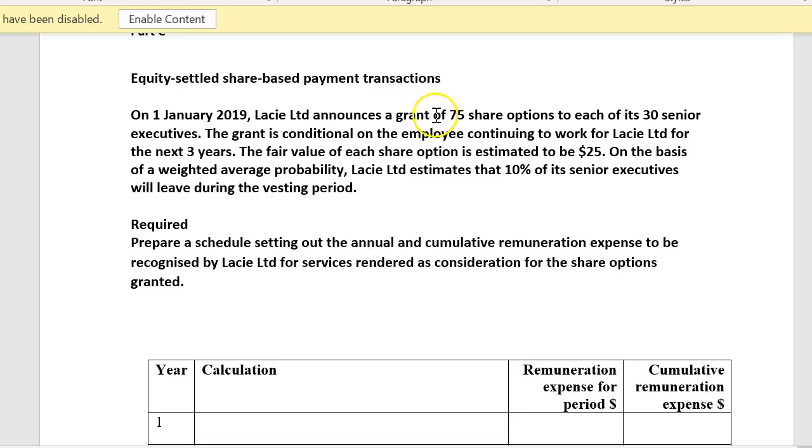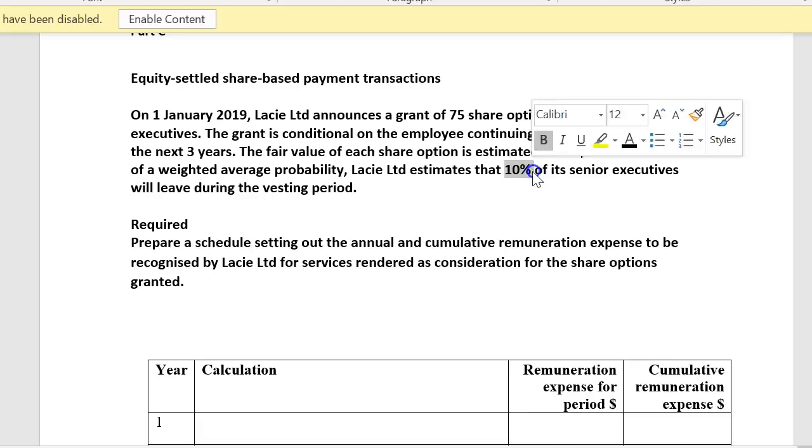So they've granted 75 share options to each of its 30 senior executives. And they need to work for 3 years in order to be entitled to these options. And the fair value of each option is estimated to be $25. And they've estimated that 10% of their senior executives will leave during the vesting period.